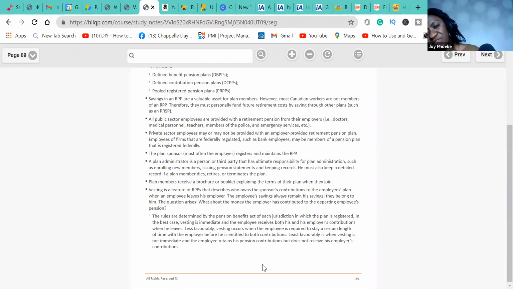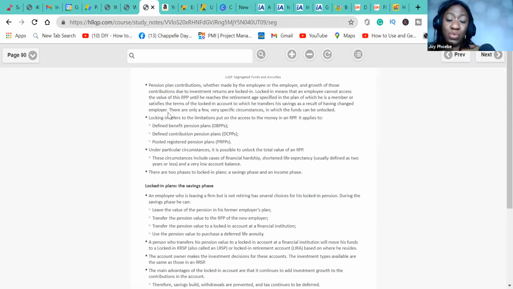However, if the vesting period is deferred or is in the future, then that might be a tricky one. In that case, the employee can only go with what he or she has contributed, not what the employer has contributed.